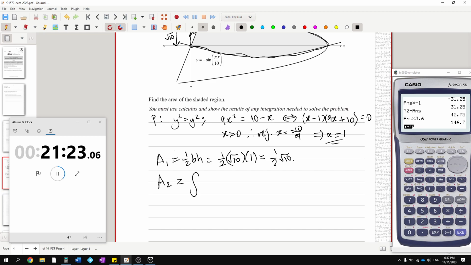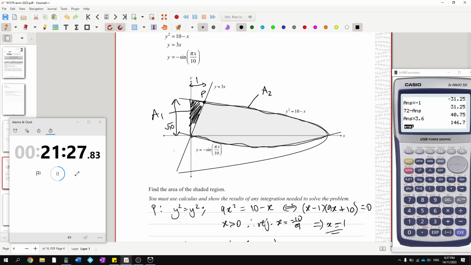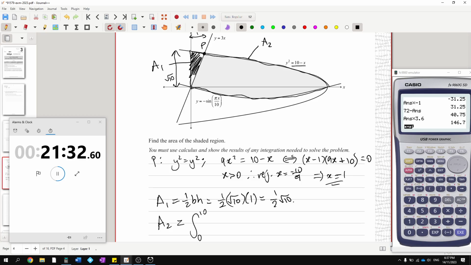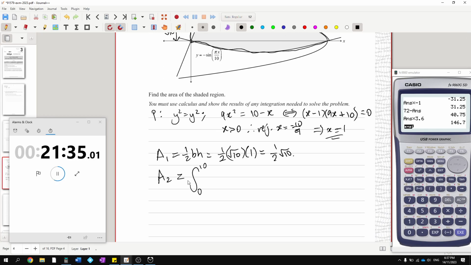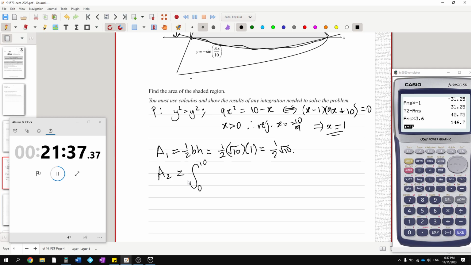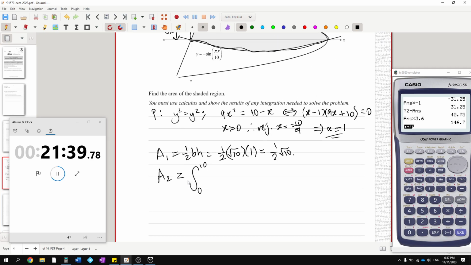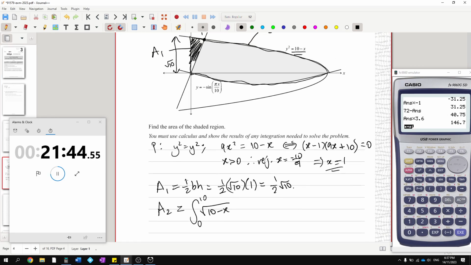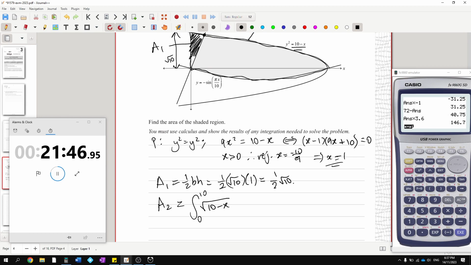A2 is going to be integrating from 0 to 10, because when y is 0, x is 10. So it's top function minus bottom function, square root 10 minus x, minus the minus sign is the plus sign. Oh, this is going to be ugly, won't it?